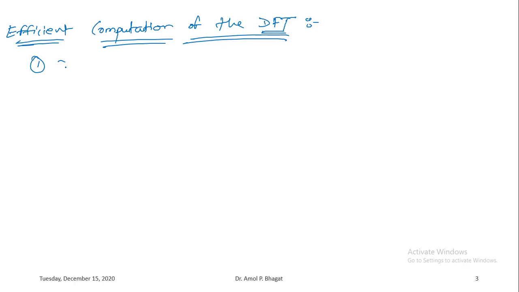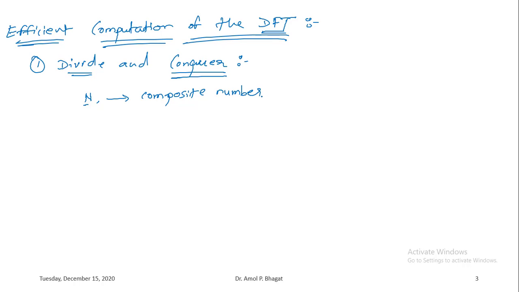The first strategy is called divide and conquer. In algorithmics, even in your data structure subjects, you might have come across these divide and conquer algorithms. In the divide and conquer methodology, any DFT of size N, which is nothing but an N-point DFT, where N is a composite number, is reduced to the computation of smaller DFTs.